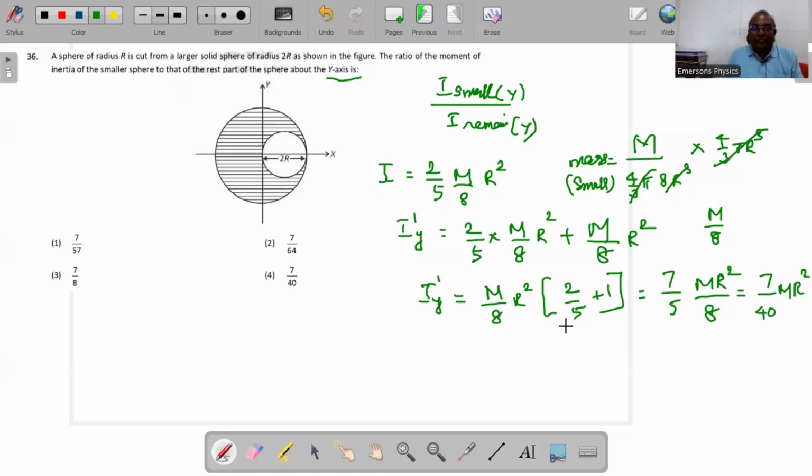Now we wanted to find the moment of inertia of the whole sphere after removing it. So the moment of inertia of the whole sphere is I y double dash.